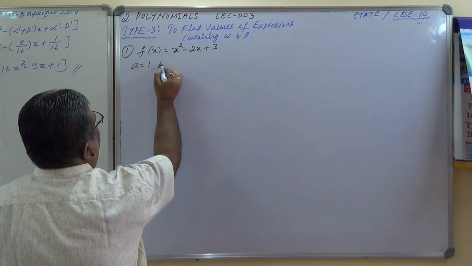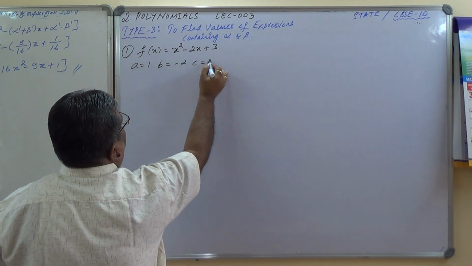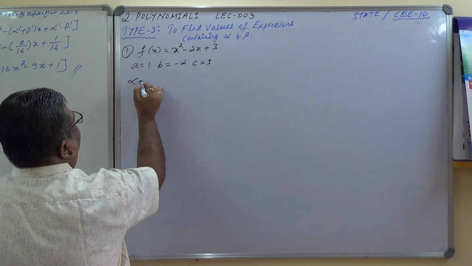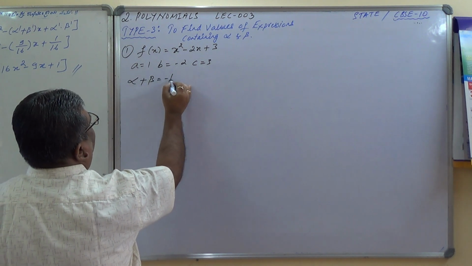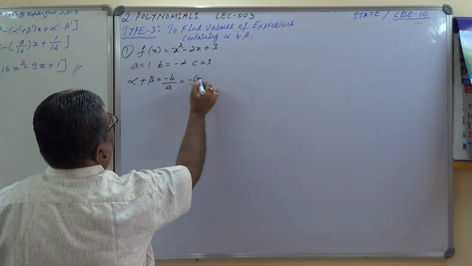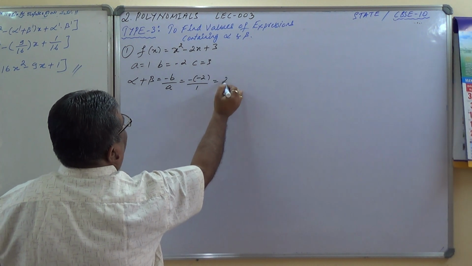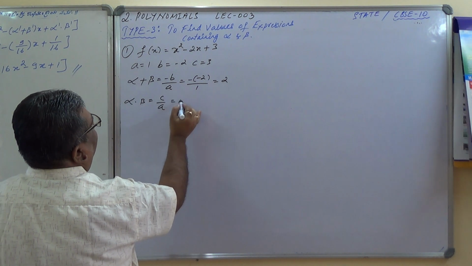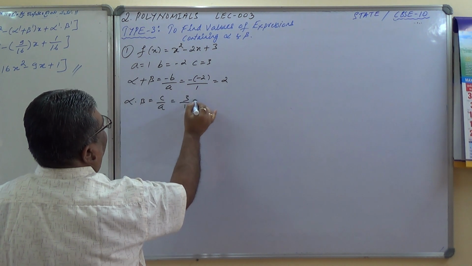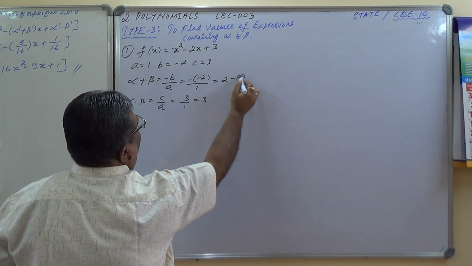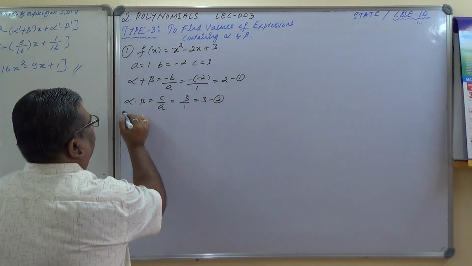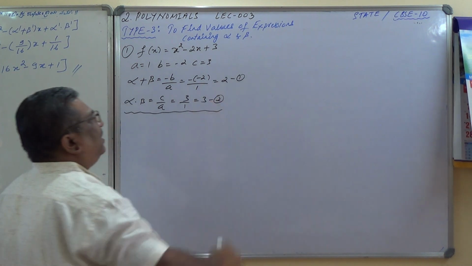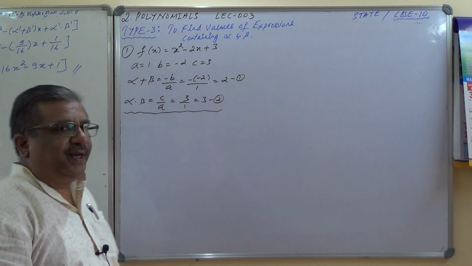A equals 1, B equals minus 2, C equals 3 here. Alpha plus beta equals minus B by A, minus of minus 2 divided by 1, which is 2. And alpha into beta equals C by A, which is 3 divided by 1, which is 3. Mark this as 1 and mark this as 2.